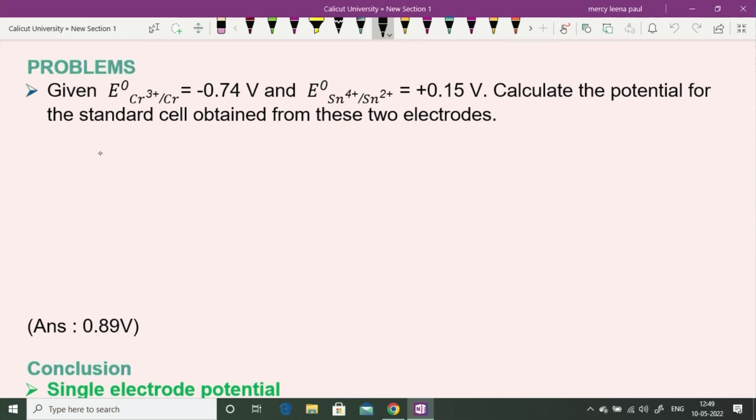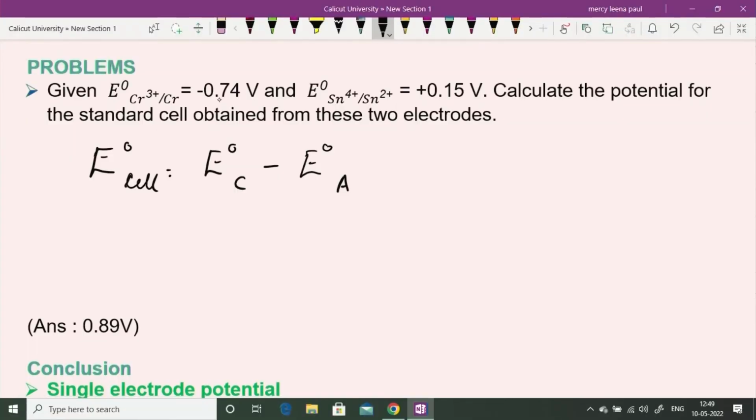So, we have got two values. We know that E naught of cell is equal to E naught of cathode minus E naught of anode. So, here we have to identify which will be the cathode and which will be the anode. Cathode is where reduction is taking place.